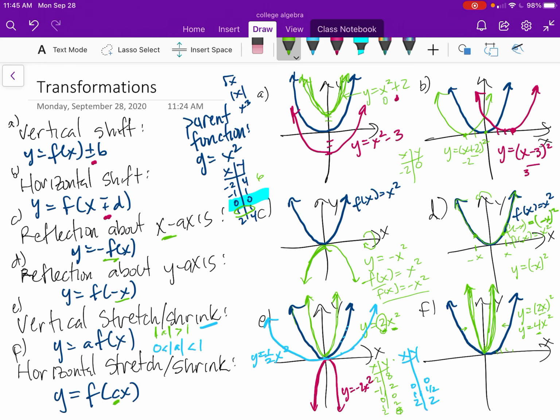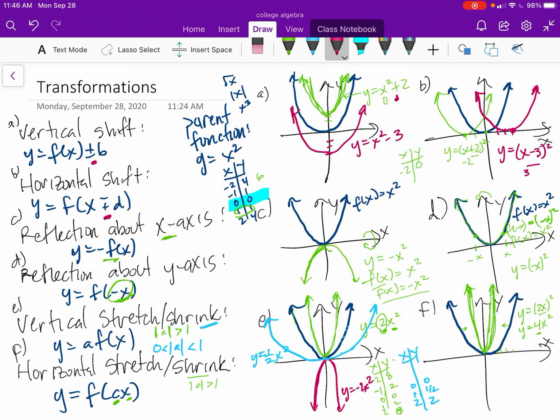So we would shrink horizontally if the absolute value of c is greater than 1. Again, absolute value, because if that value x in here is negative, then that would be a reflection about the y-axis. That's separate. We're just caring about the horizontal stretch and shrink.